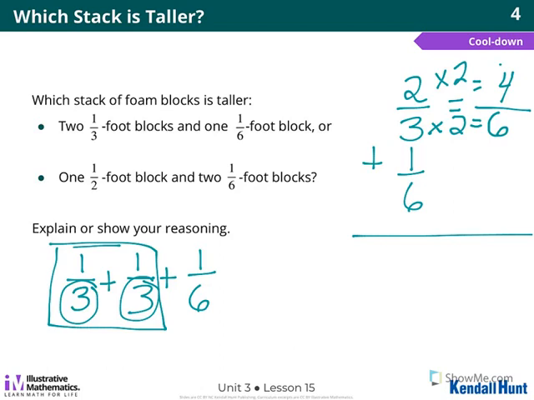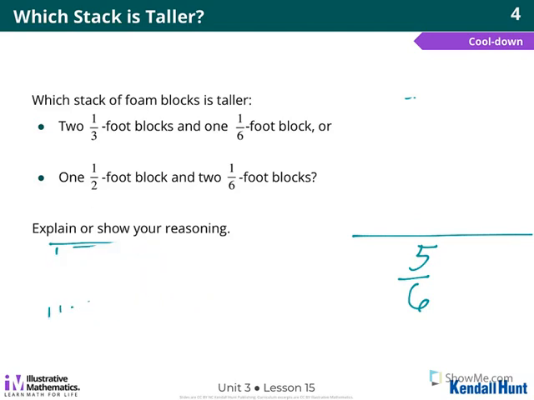Then I can just say 4/6 plus 1/6, and that's of course 5/6. I'm going to erase my work, but you should have left your work, okay? So I know the first one is 5/6, so let's write that down. That first stack of foam blocks, 5/6.